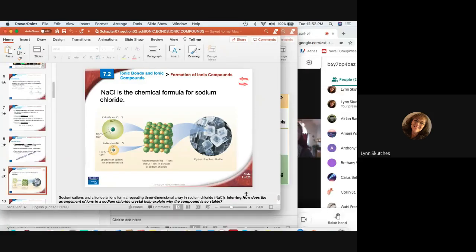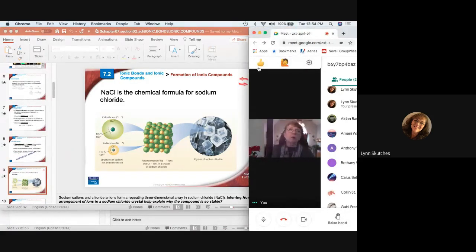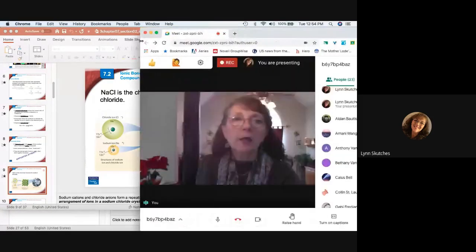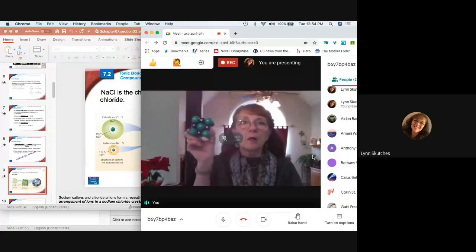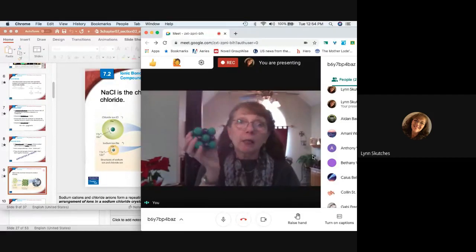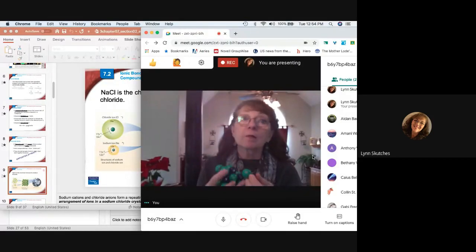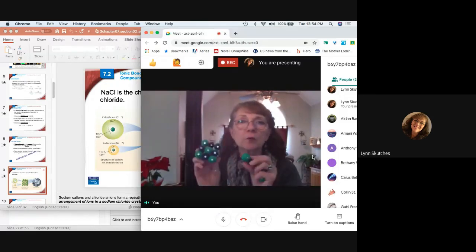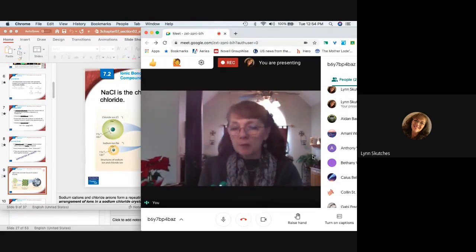One of the fun things about science is we get toys. So I have a sodium chloride ionic compound magnetic toy. So those of you who like to play magnets, this is pretty fun. These little spheres, of course, are supposed to represent atoms or ions, and they are attracted only to the oppositely charged ions.